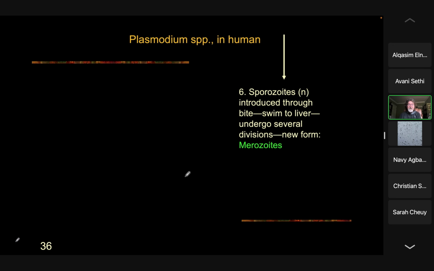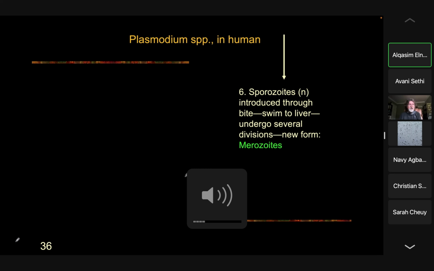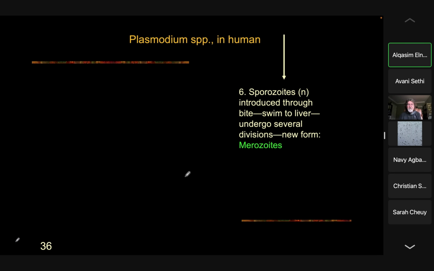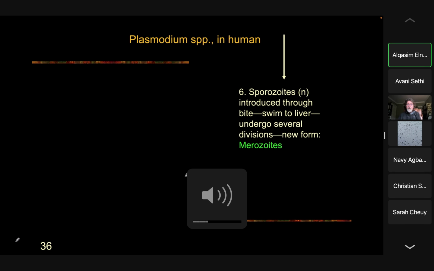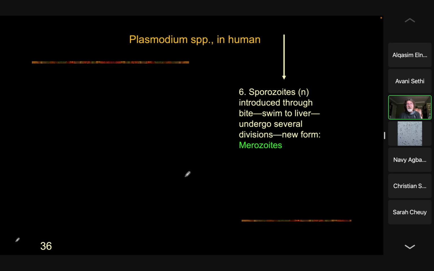Now, why do you think these things look different if they have exactly the same genes? Do they have to have a conformational change to be able to affect the hemoglobin? Or is it not a conformational change, but a change in gene expression?